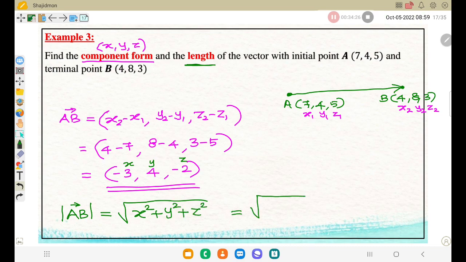That means root of the x component minus 3, which we just calculated, power 2, plus y, which is 4, power 2, plus z, which is minus 2, power 2. So you will get the number root 29. I hope you understood this question in space.